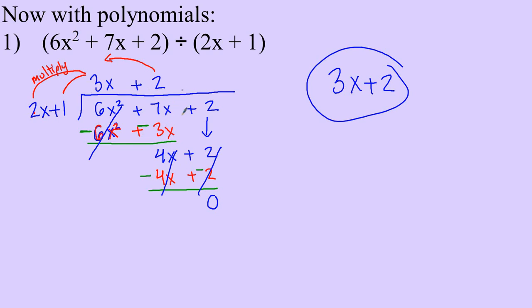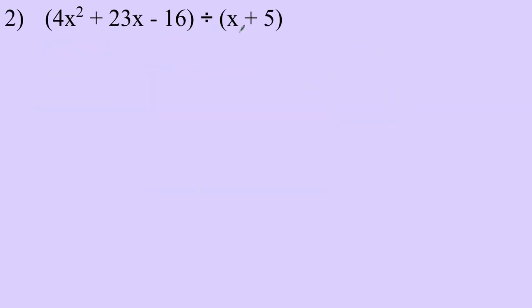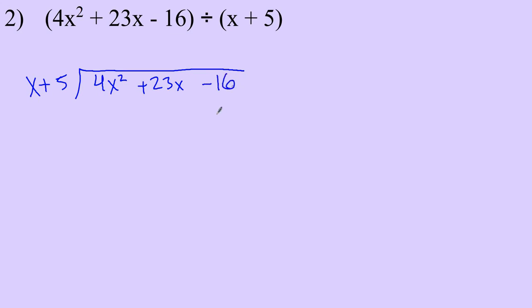Okay, what was up top? I know, we're going to keep doing it. So we get x plus 5 out front. Then I put 4x squared plus 23x minus 16.